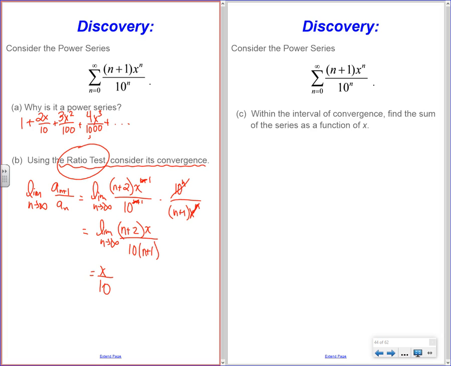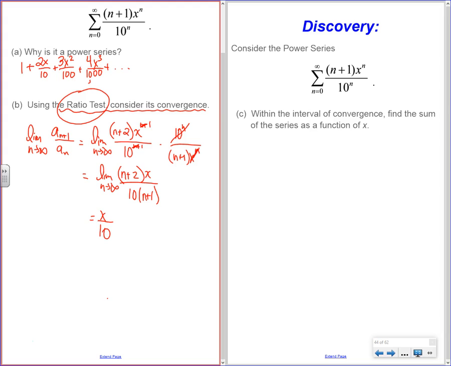Now hold on. Doesn't the ratio test have a condition for convergence based on the answer to the limit? Less than 1. Let's review the test really quickly. In the ratio and root test, 1 is the separator. Greater than 1 is divergence. Less than 1 is convergence. Equal to 1, no conclusion. And for the ratio test, is it absolute value?